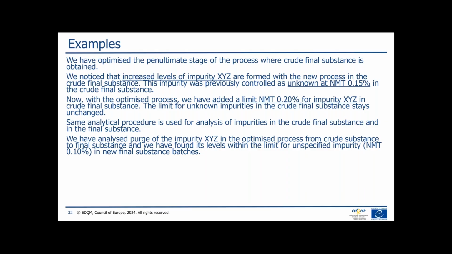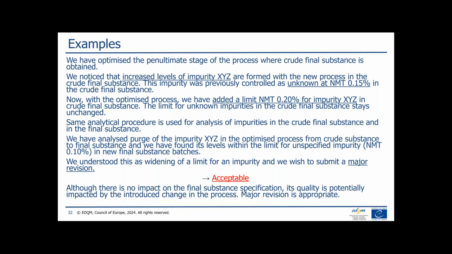We find that within the new process, this impurity is below 0.10% in final substance, which means it can be controlled as unspecified. So, after analysis of all this, we think that we should submit a major revision. This is acceptable.